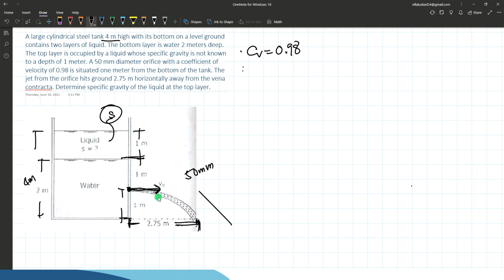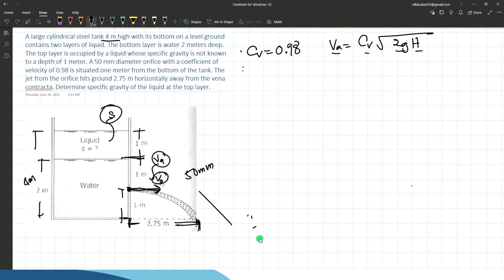So that initial velocity right there is also your actual velocity that can be computed using this formula, Cv times the square root of 2gh. But we can't determine that yet because we have several unknown values. So our goal is to determine this velocity right here.